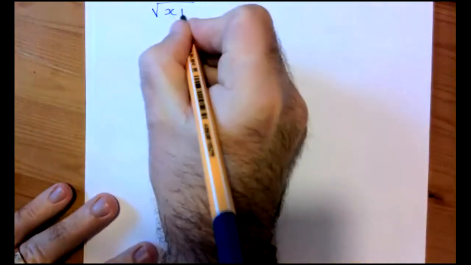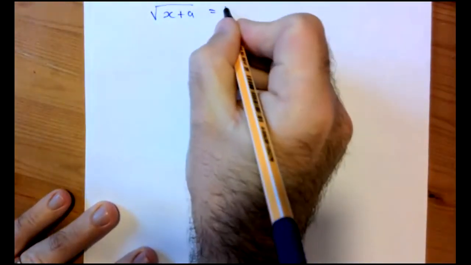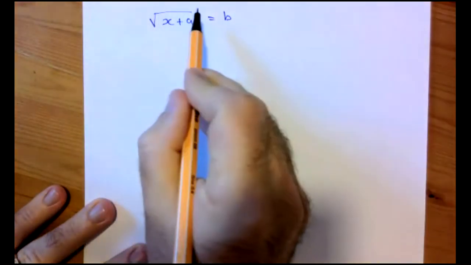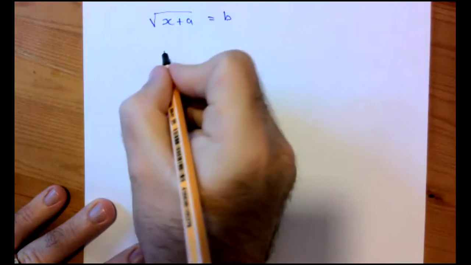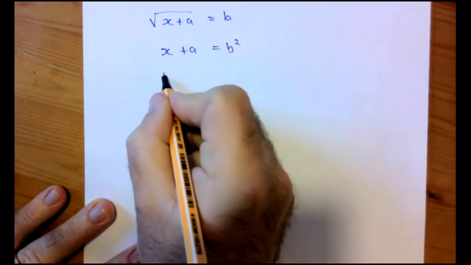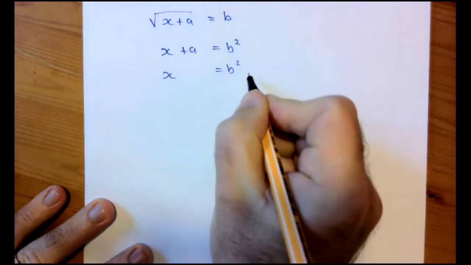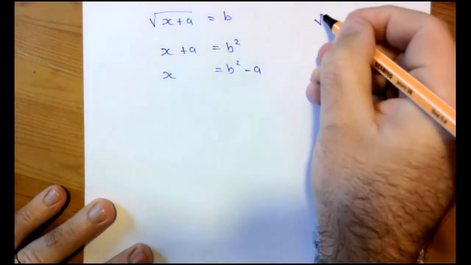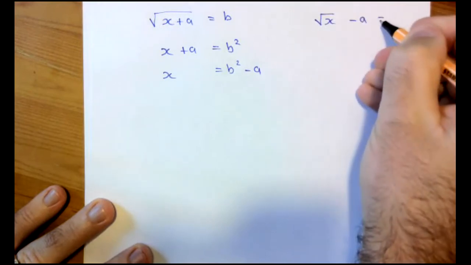So the answer to the next one, square root of x plus a equals b. So here I've got to eliminate the square root symbol first. So x plus a equals b squared. So x equals b squared minus a. Next one, square root of x minus a equals b.